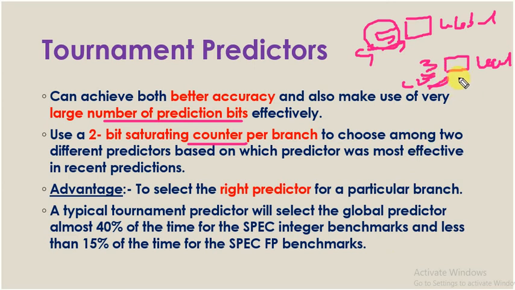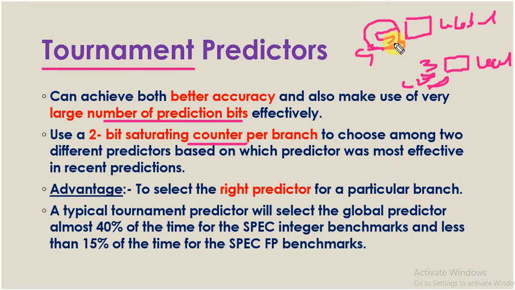Similarly, here we have two team members: the information from the global branches and the information from the local branches. Whichever gets the higher counter value will be selected, and based on that the prediction of the current branch will be executed.